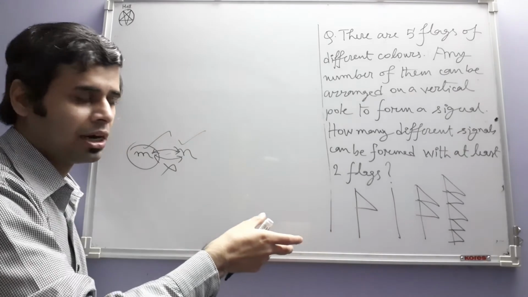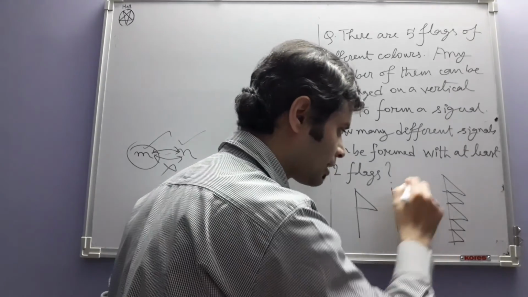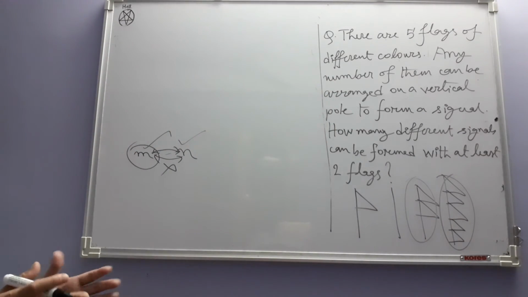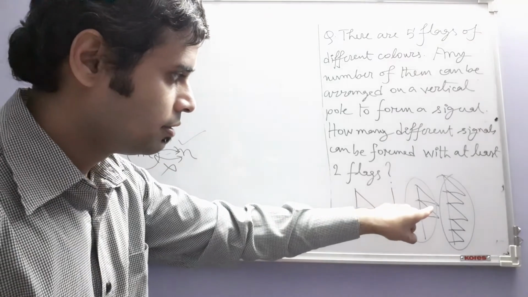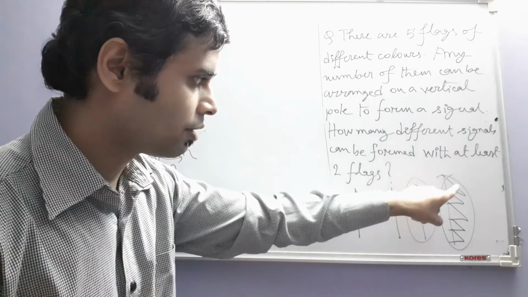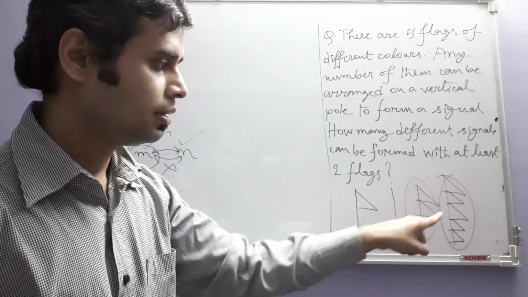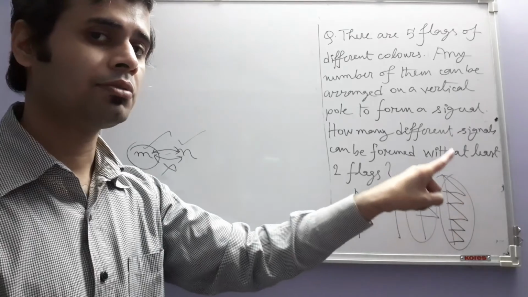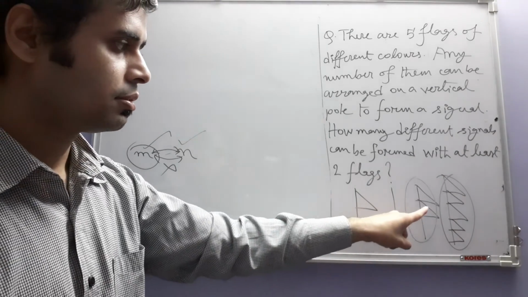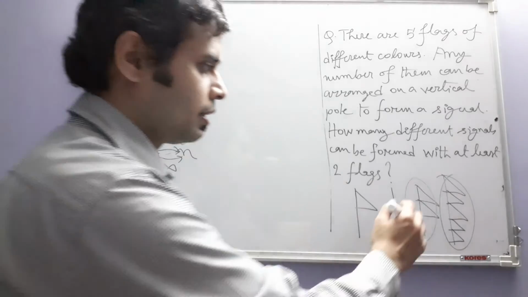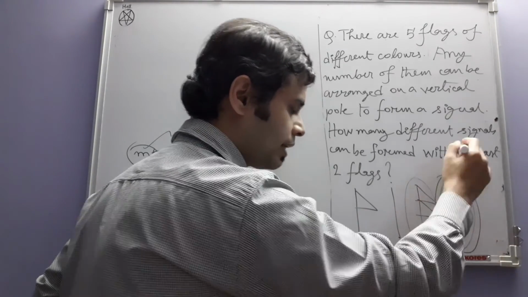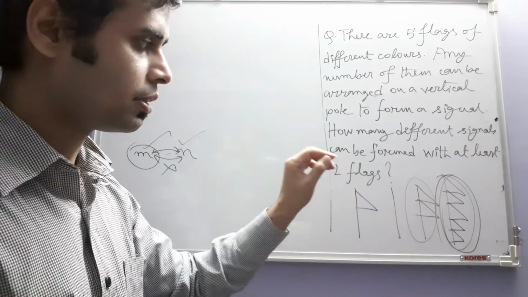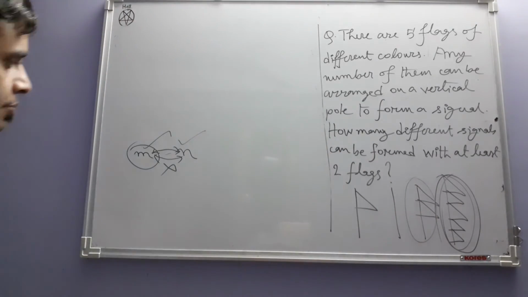Those two numbers we have to multiply. But these arrangements are not related to these arrangements. Okay, they are not related in the way that this signal is somehow affecting this signal. Any signal involving two flags is independent of any signal involving five flags, because you can see why they are independent. In counting the number of 5 flag arrangements, 2 flag arrangements are not used, they are not considered. So that's why there we don't need to multiply.